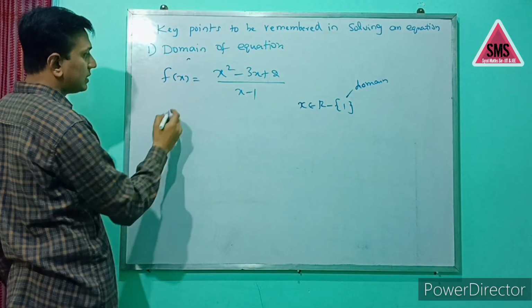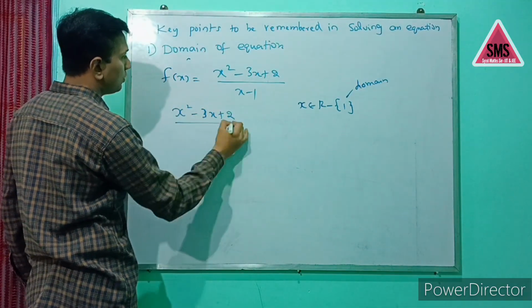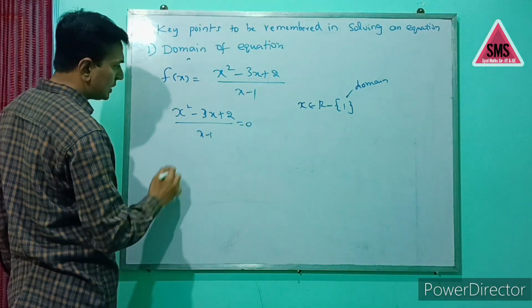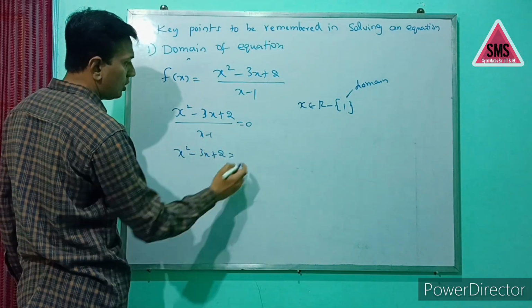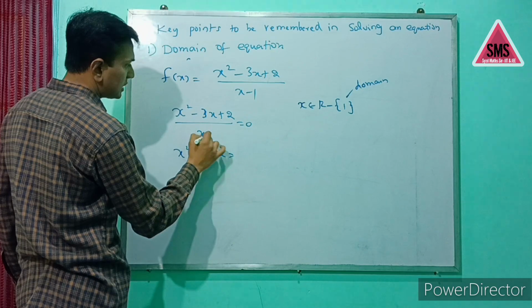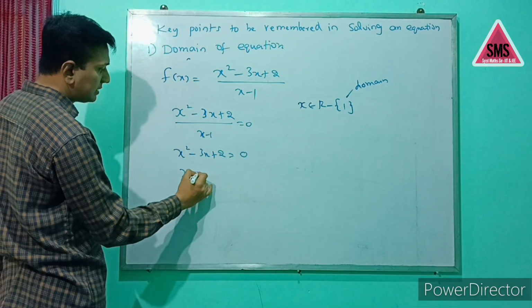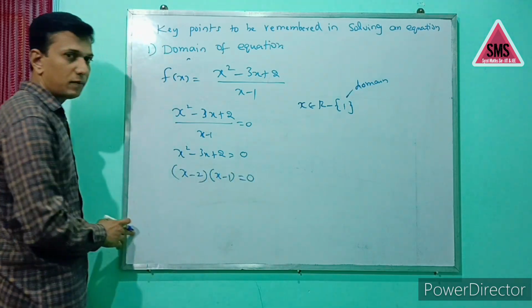Now let us solve this equation. x squared minus 3x plus 2 by x minus 1 equals 0. Normal procedure: x squared minus 3x plus 2 equals 0, transposing x minus 1 to the other side. Now factorize this one, you get the factors as x minus 2 into x minus 1 equals 0.